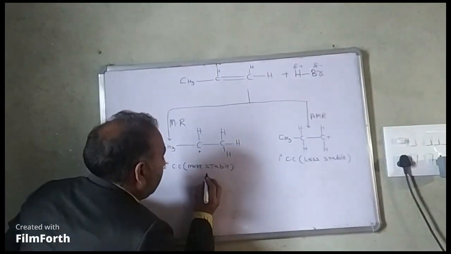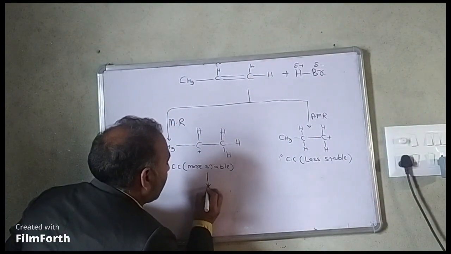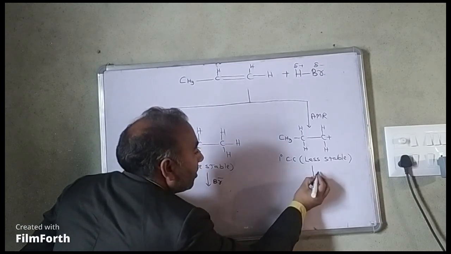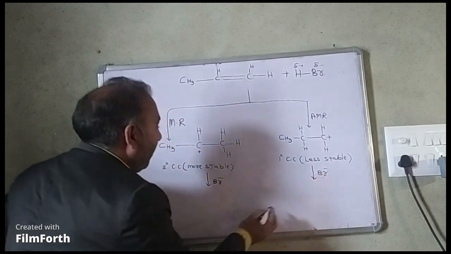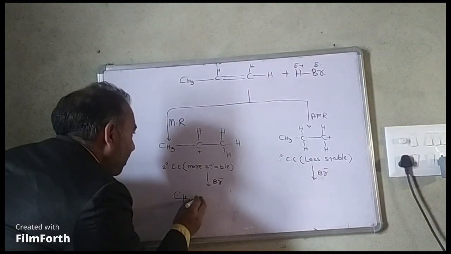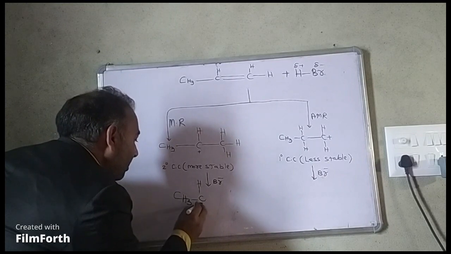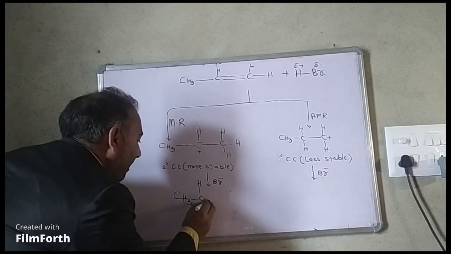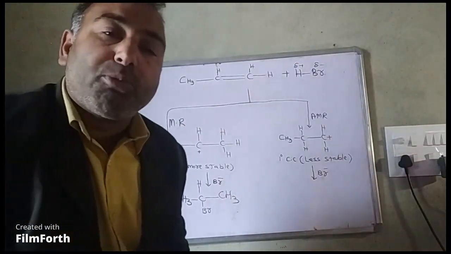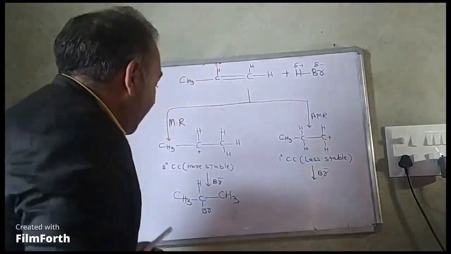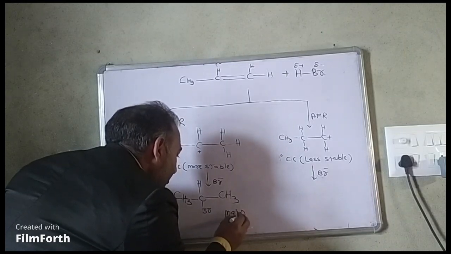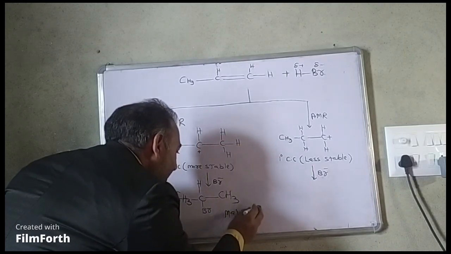Now, you can see, bromide will come here. We will get CH3CHBrCH3. It is called 2-bromopropane. It will be the major product, the major alkyl halide.